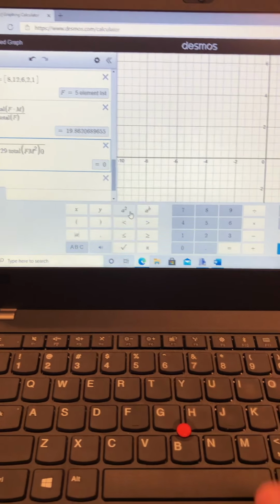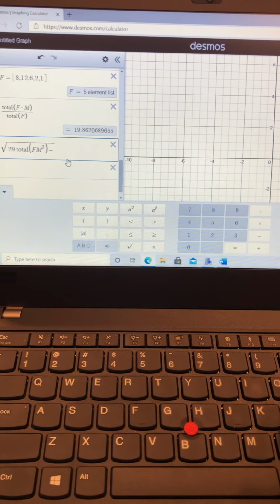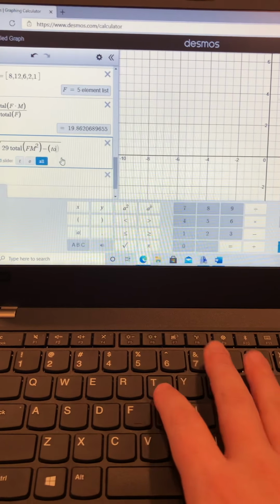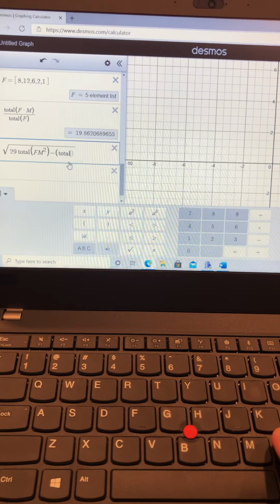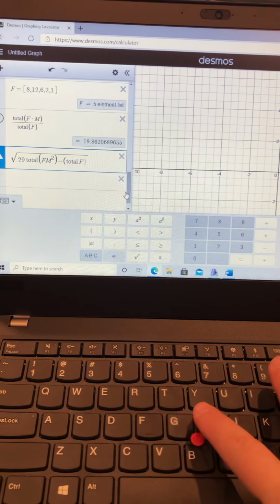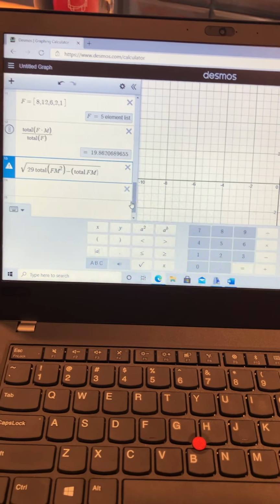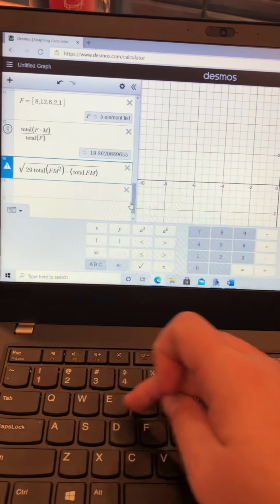And I'm going to close that parenthesis, and then I'm going to do minus a parenthesis, and I'm going to do total of my frequency times my m, so my f times m, and then I square that whole thing.